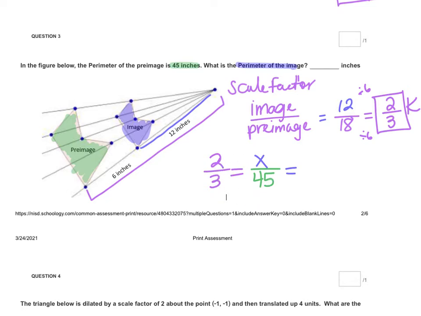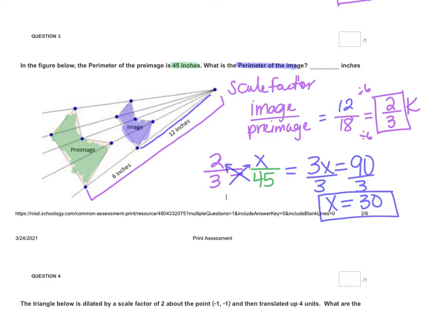Once we're here, you are going to cross multiply, so we get 3x equals 2 times 45, which is 90, and then when we divide both sides by 3, we get x equals 30. So when you have a scale factor of 2/3, if your pre-image has a perimeter of 45, your image will have a perimeter of 30.